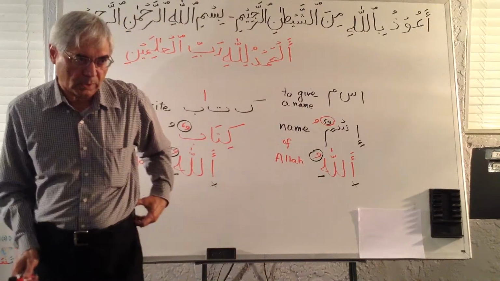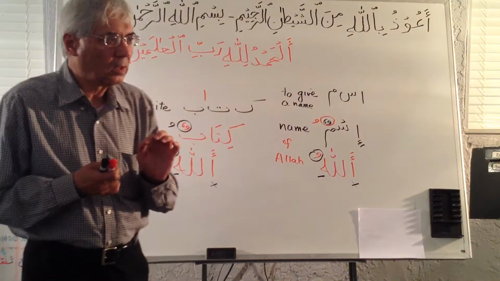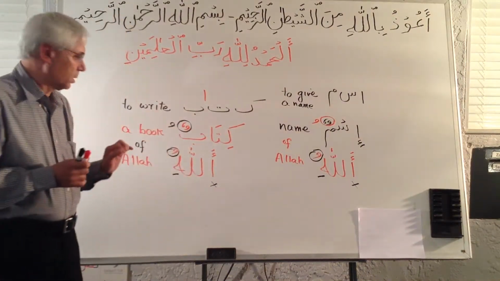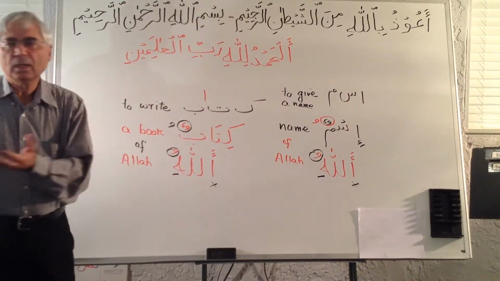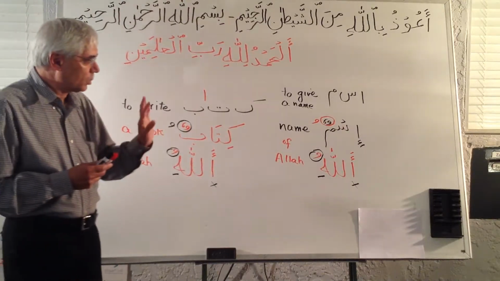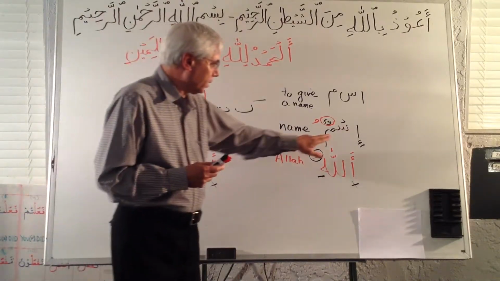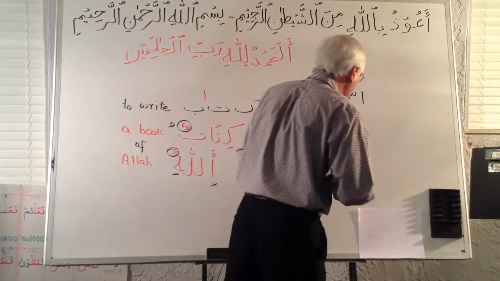Ismullahi is the correct word. Ismullahi means name of Allah. Kitabullahi, book of Allah. Ismullahi, name of Allah. So far, Ismullahi.